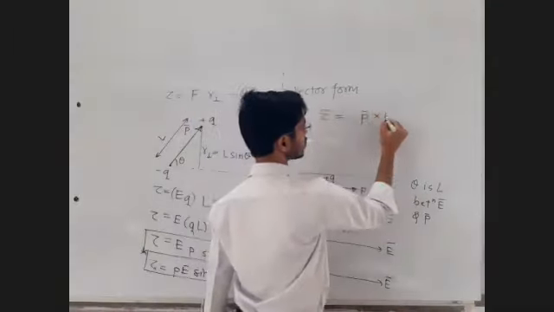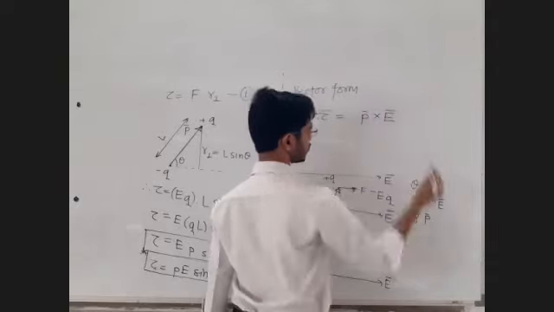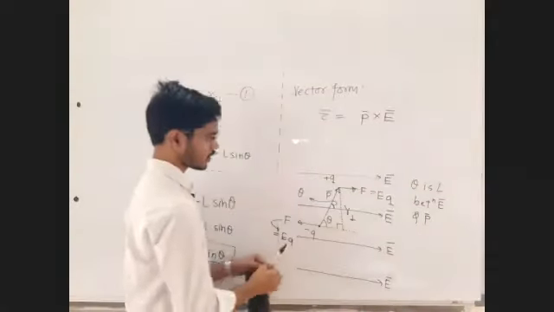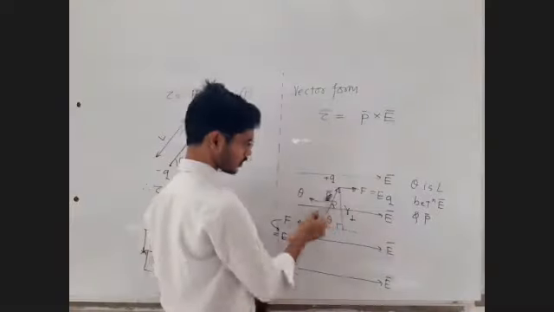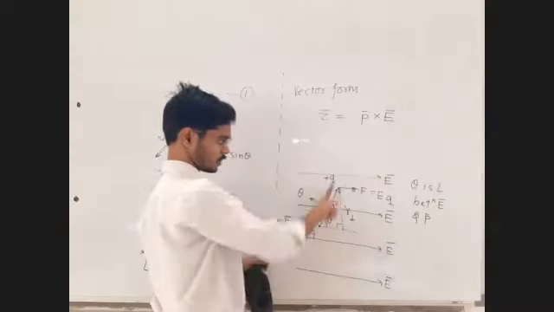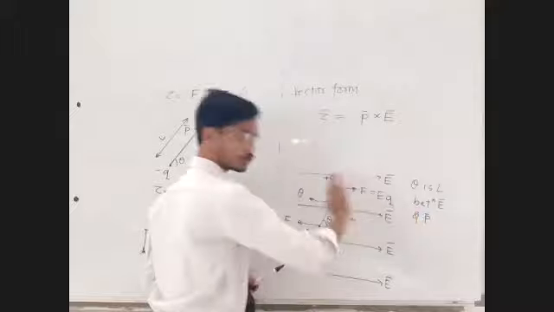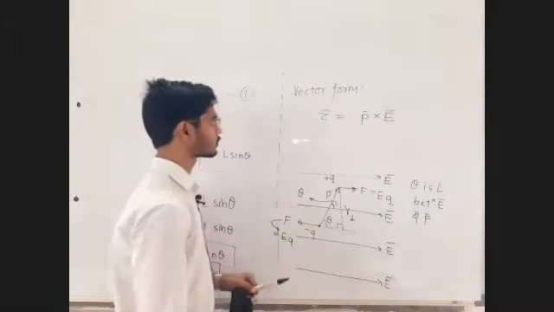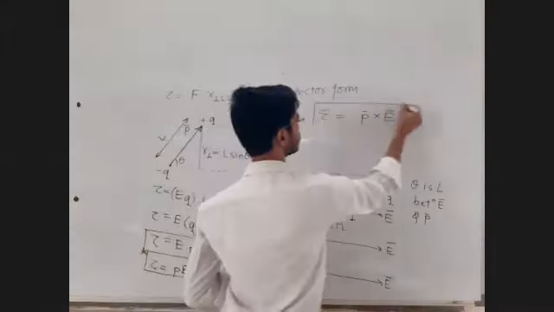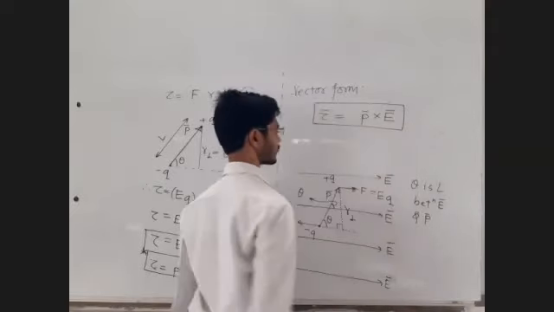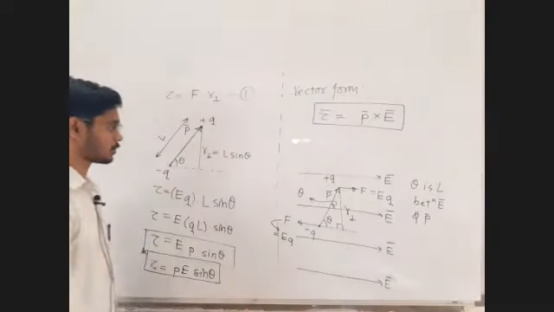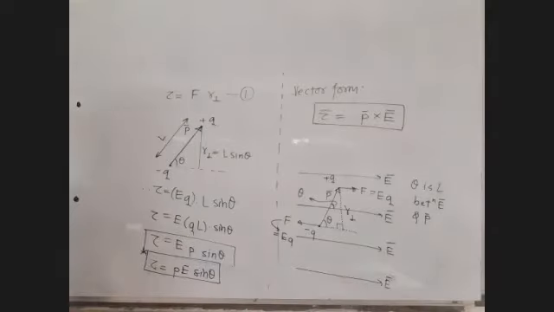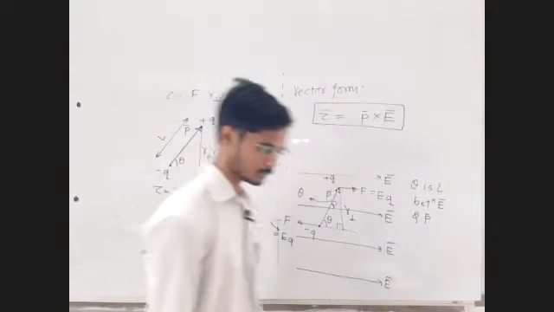Only the sequence of the cross product was to be found out. Now we know that it should be P cross E. This is P, this is E. Okay, fine. This will be the vector form: tau bar is equal to P bar cross E bar. That's it. Now everyone reply in the chat box up to this. Clear and written. Derivation over.